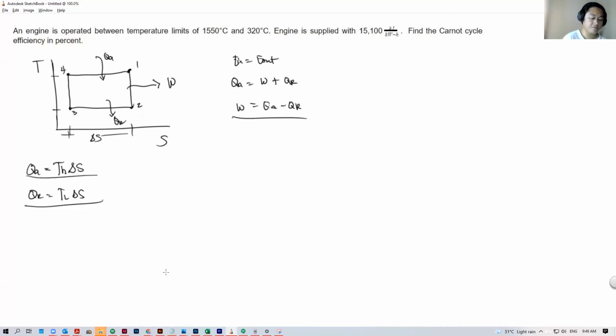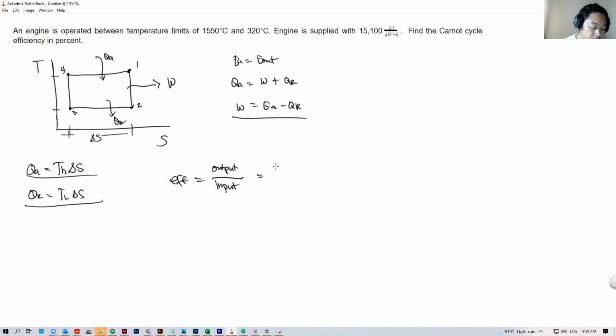And in terms of efficiency, this is just the output over whatever is the input. This is the general formula for efficiency.